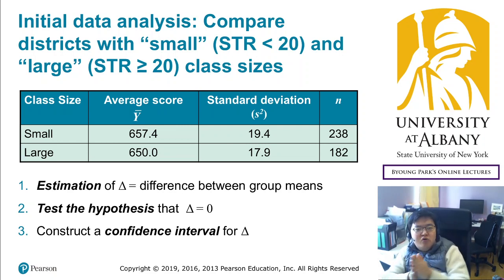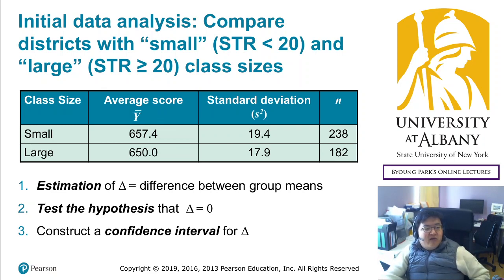Below 20 is labeled as small class, and more than 20 is labeled as large class. Of course, you may ask why 20 matters. There is no answer to that. It's an ad hoc classification, but at this point, keep everything simple and simply see what happens when you group the observations into a small group and a large group.